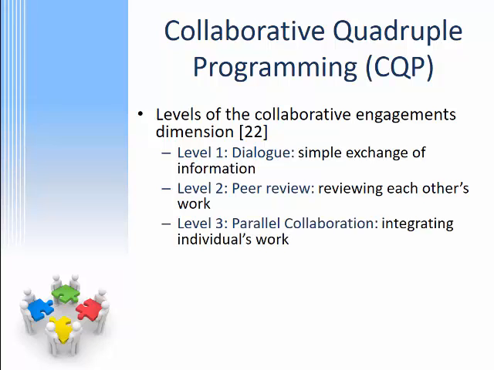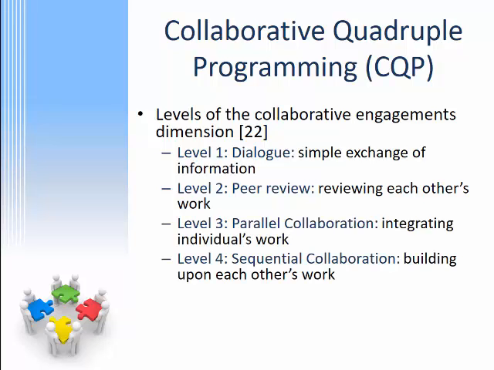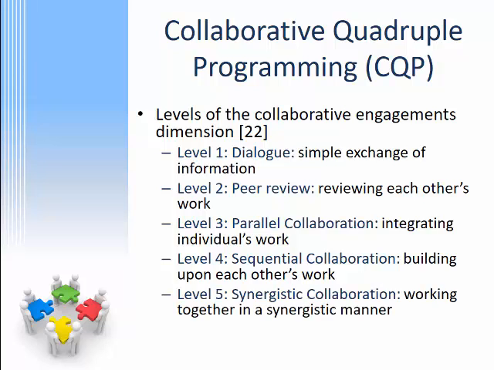At level 1, which is the lowest level of collaboration, simple exchange of information amongst students exists. At level 2, peer review process happens. Level 3 involves parallel collaboration wherein individual work is integrated to form the combined task.